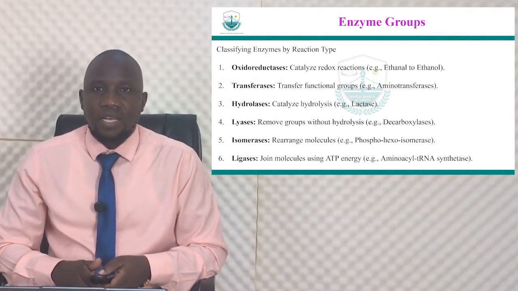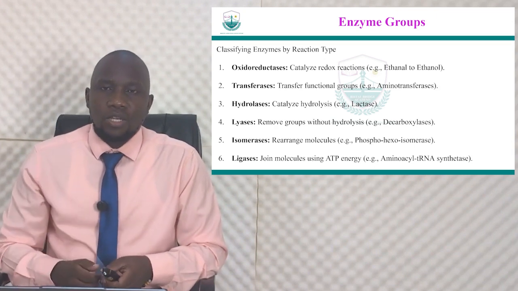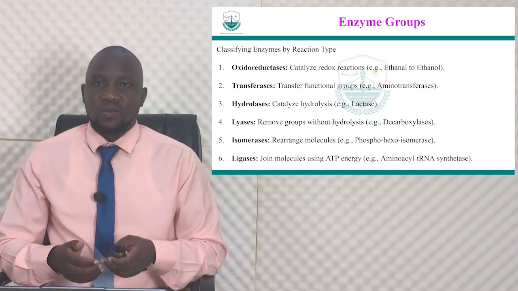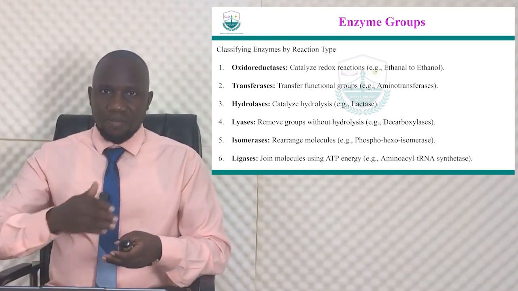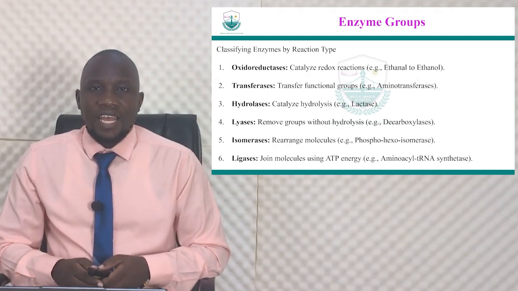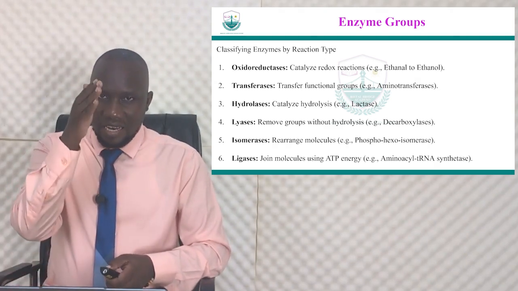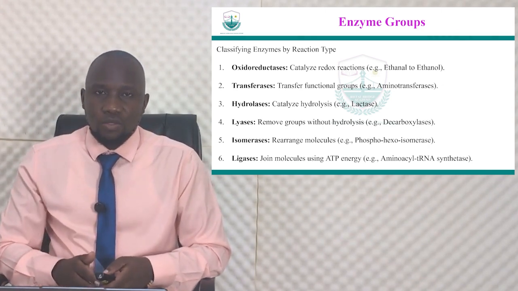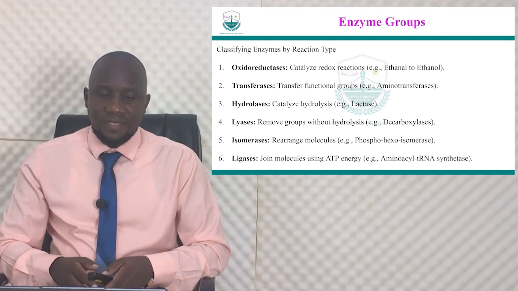And then we have hydrolases. These ones carry out hydrolysis. And hydrolysis in our case is when water is used to split a molecule into its simpler components. And then lysis, which is basically breaking down a molecule. Okay, that is a lyase enzyme.